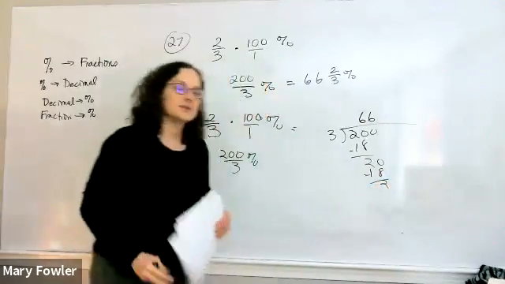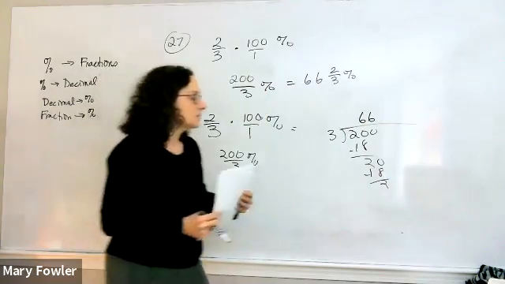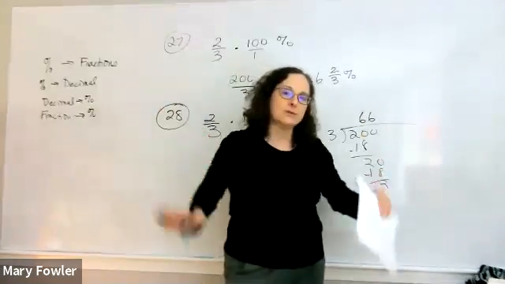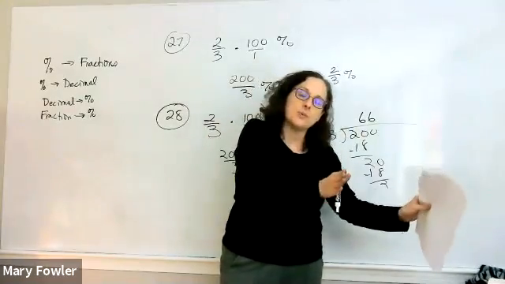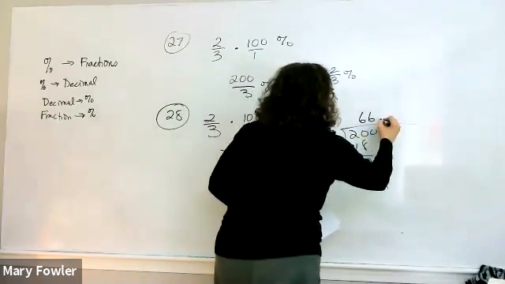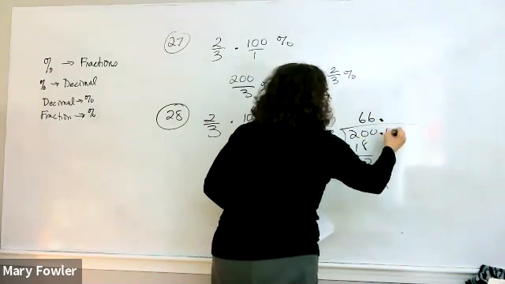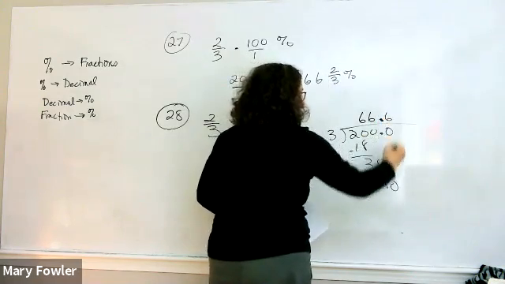And we're asked to present the answer to the nearest whole percent. So in order to round to the nearest whole number, we're going to have to take it 1 decimal point out so that we can then round. So we can do that. Add a 0. 3 goes into 20 6 times.